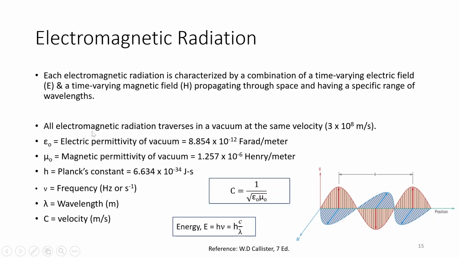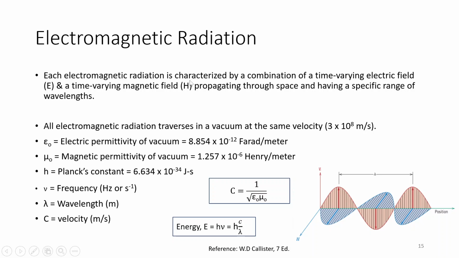All electromagnetic radiation traverses in vacuum at the same velocity, 3 multiplied by 10 to the power 8 meter per second. Epsilon naught is the electric permittivity of vacuum, which is 8.854 times 10 to the power minus 12 farad per meter.